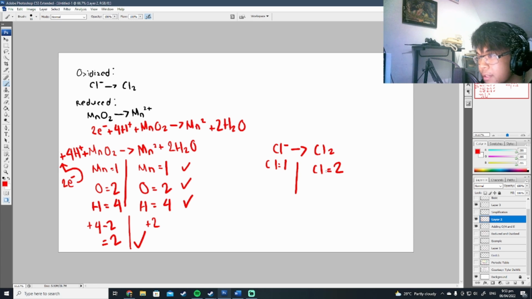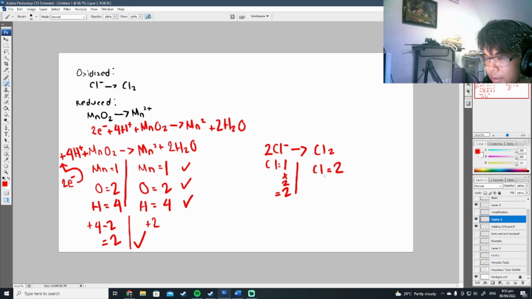So it's not balanced, because this is 2 and this is 1. We have to balance it out. So what we do is add 2 on this side and multiply the number 1 with 2, and then we get 2. Now our chlorine is balanced.